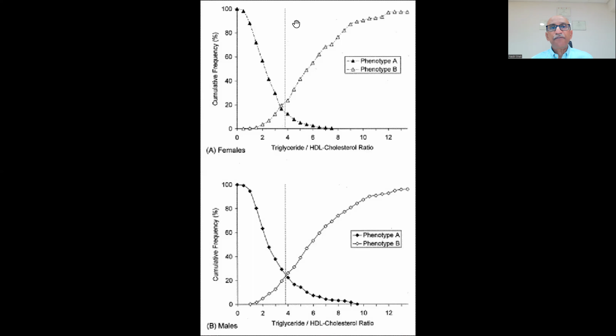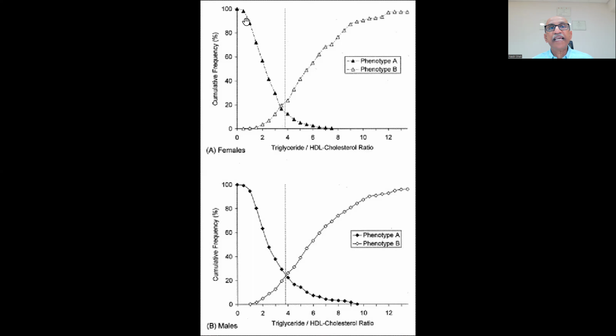Now, let's say your triglyceride over HDL ratio is 2. What you see at this line where my cursor is, your phenotype B is probably 10% or 15%, right? And phenotype A is a lot more than that.